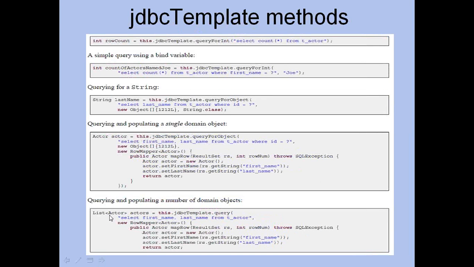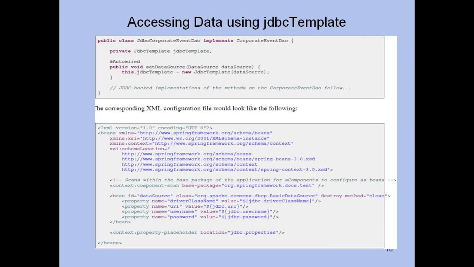Because this query returns a lot of records, the return value will be a list of actors, not a single actor. Earlier you see it's a single actor object. Here you are returning a list of actors. So this is about JdbcTemplate and how to set up the data source and inject the data source into the JdbcTemplate before you use it.